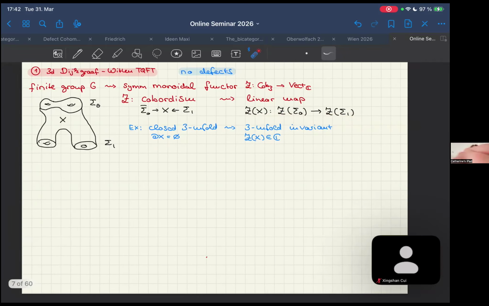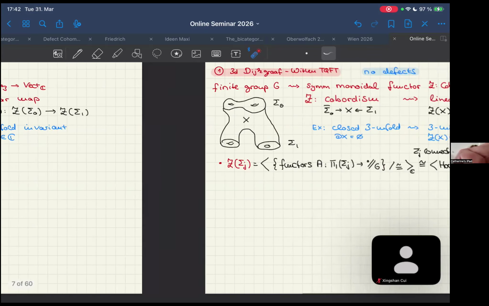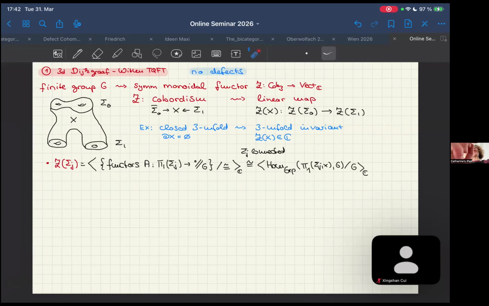Okay, so how does one construct these vector spaces and the associated linear maps? There are various ways to describe them. One of the ways to describe the vector space assigned to the boundary is to say it's a free vector space, this is my sign for free vector space, generated by isomorphism classes of functors from the fundamental groupoid of the surface into the group G, viewed as a groupoid with a single object.